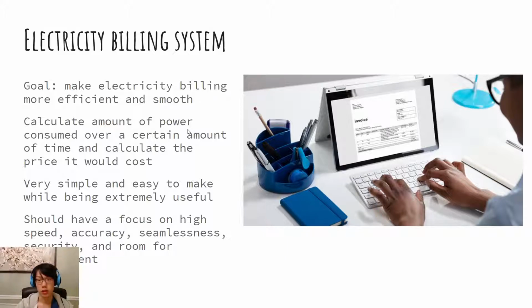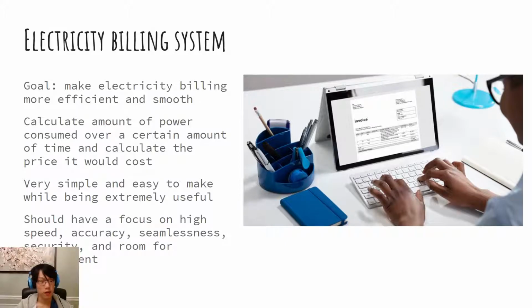And of course you can use the skills you've learned to do so. Also, the billing system has to be simple and easy, while also being very useful, so that it can calculate everything, but it also has to be easy to use. It can't require a lot of things to input, or print a bunch of lines or something like that.